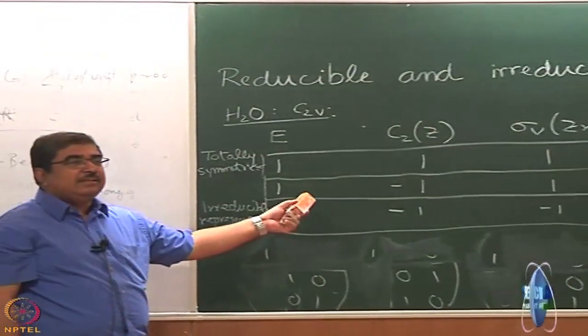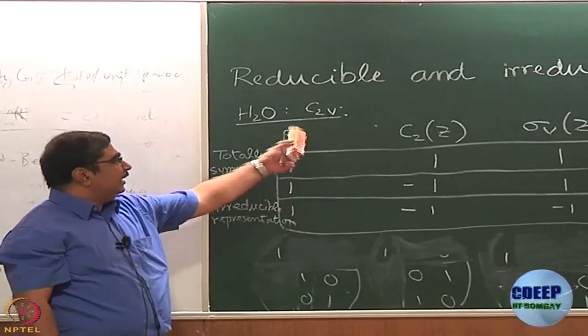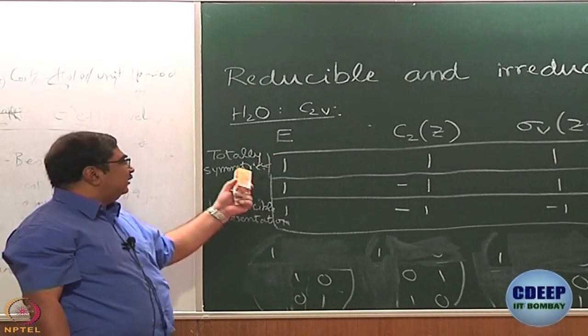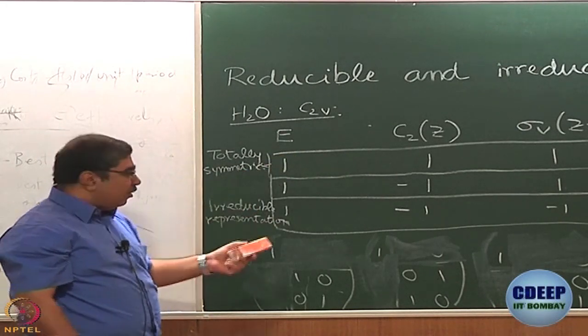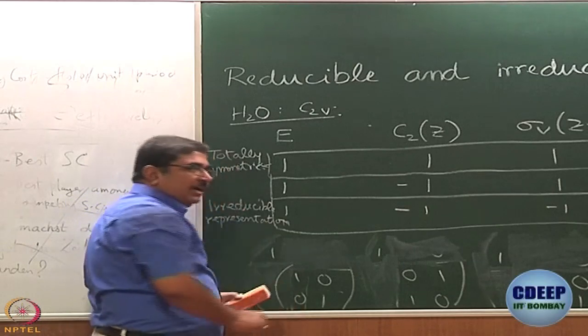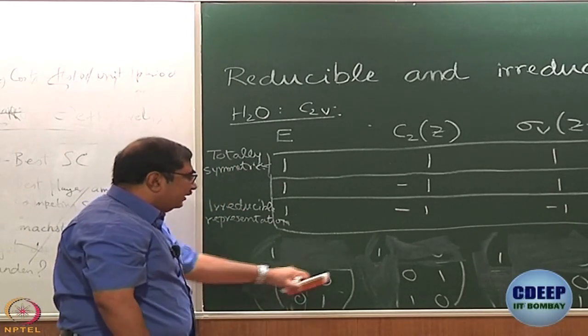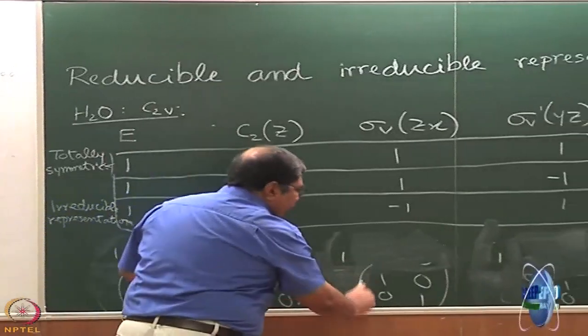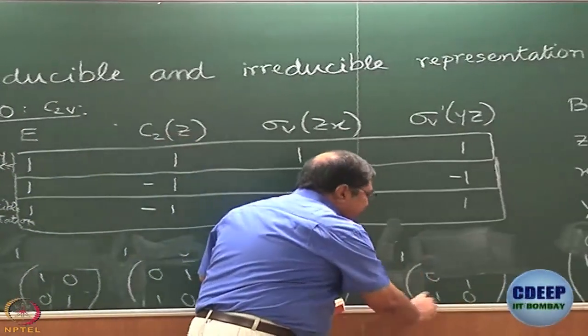Have we encountered this somewhere else? Here, when we use Z, we got the same representation, and it is, as we said, the totally symmetric representation. What about X and Y? In X and Y, the representation that you get is 1 0 0 1, 0 1 1 0, 1 0 0 1, 0 1 1 0.